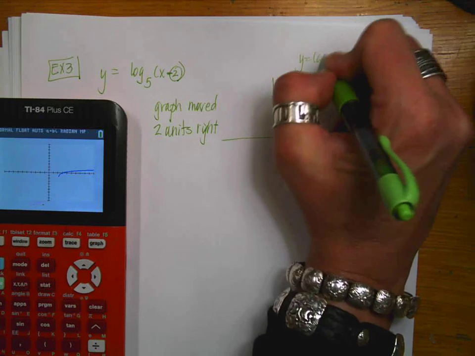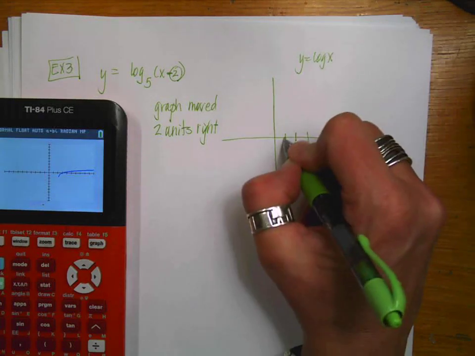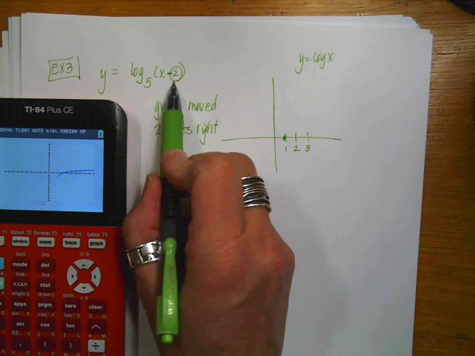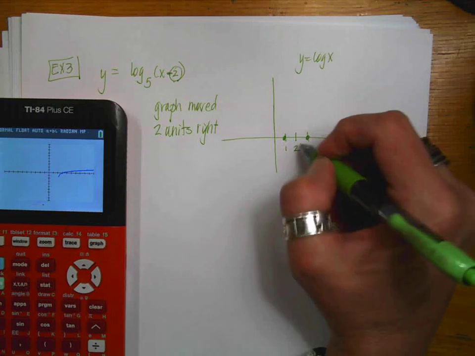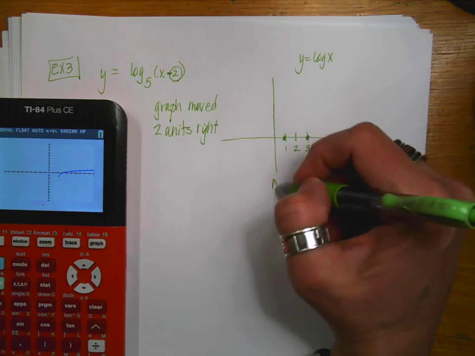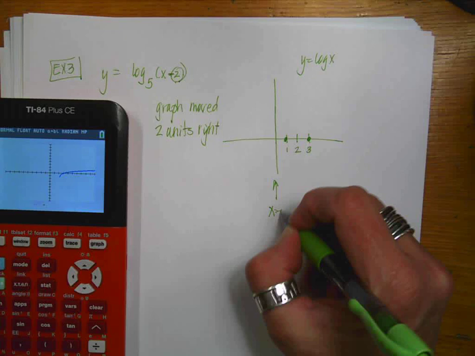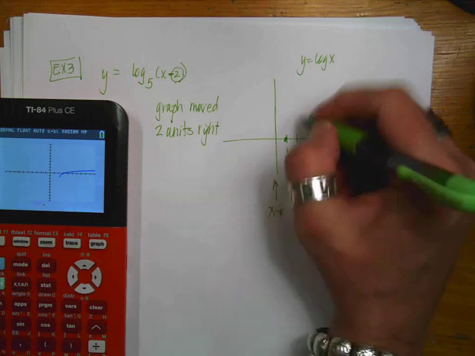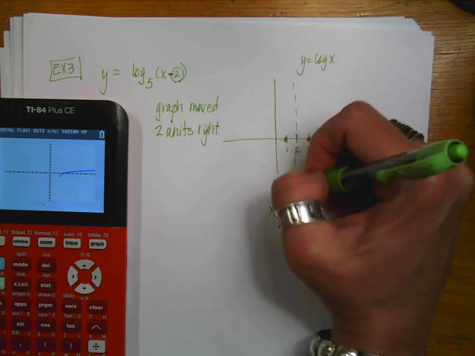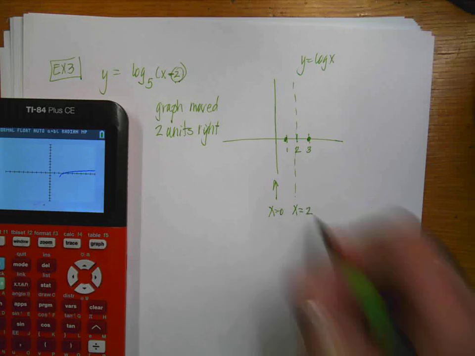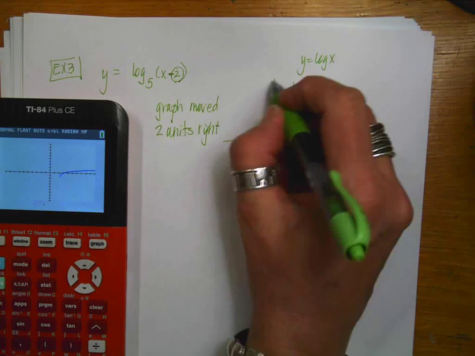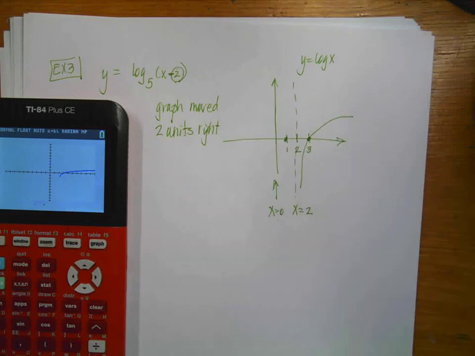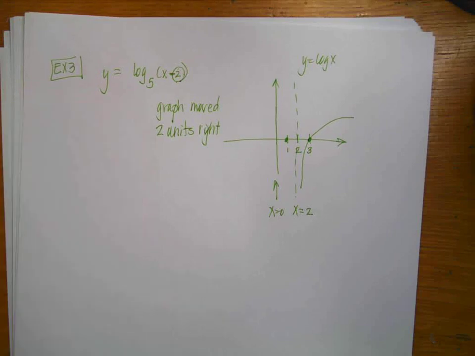So in the original function, if I had y is equal to the log of x, it would cross right here at 1. But because it moved 2 units to the right, now that means that my x-intercept is at 3. My vertical asymptote was at x is equal to 0, but it's going to move 2 units to the right. So now my vertical asymptote is going to be at x is equal to 2, and this is what my graph is doing. So just so you didn't think that they always stayed the same, sometimes things move.